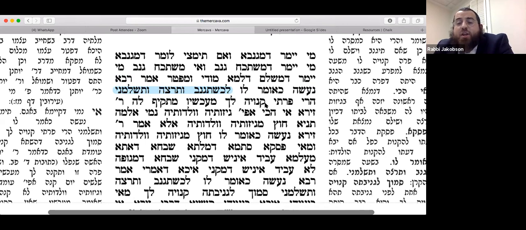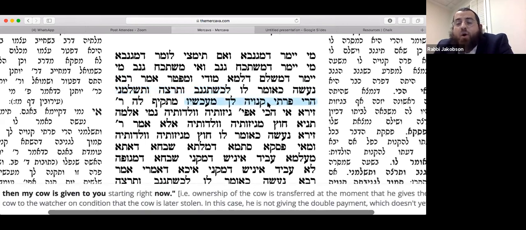Hare parasi kenuya lach me'achshav, behold, my cow was sold to you from now, from the moment of when the deposit is given over. So this is till where we got last week.